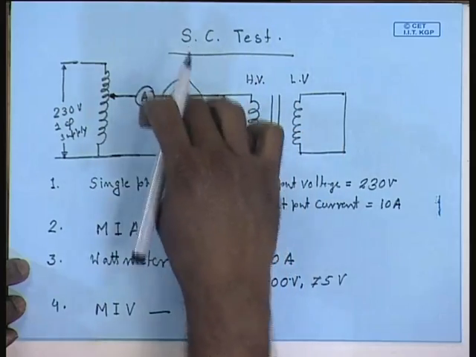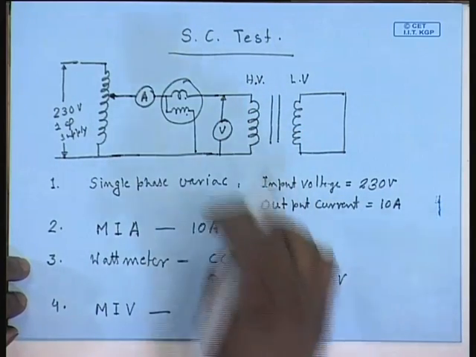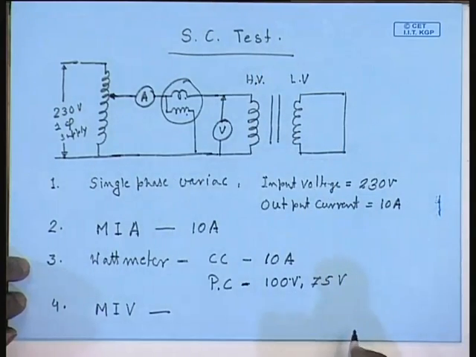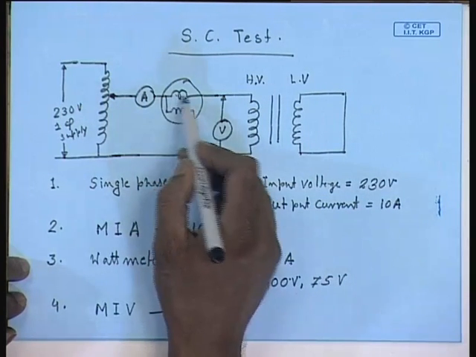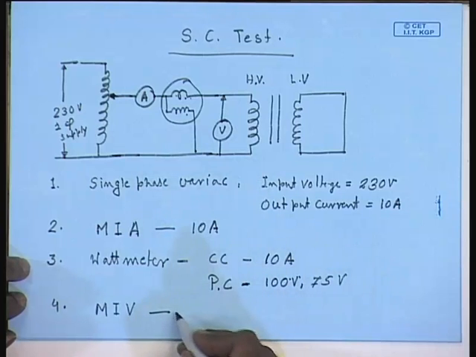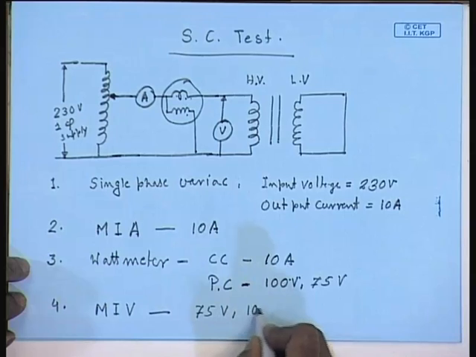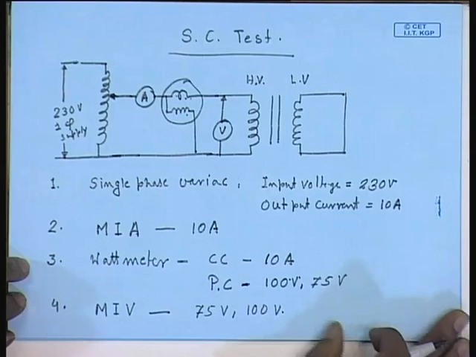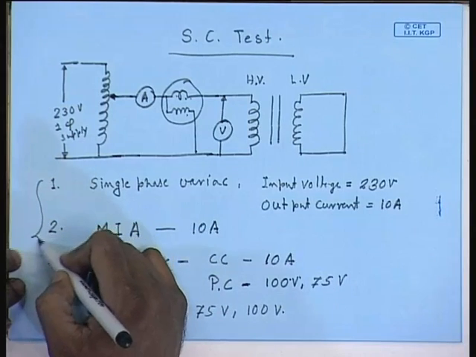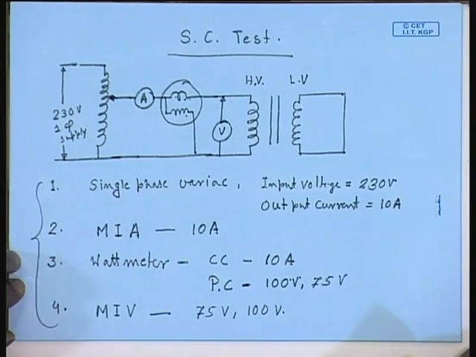Since the potential coil of the wattmeter and the voltmeter are connected to the same points, the drop across the current coil being negligible, this can also be either 75 volt or 100 volt reading. So, these are the list of equipments required for the short circuit test.